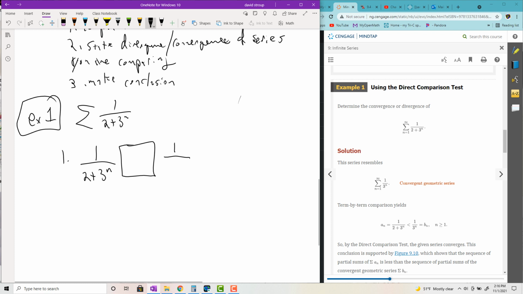To do that, you just chop off part of the denominator, so I'll end with 1 over 3 to the n. This is good because I recognize that formula. It's geometric, and it's convergent because the r value is less than 1, right?